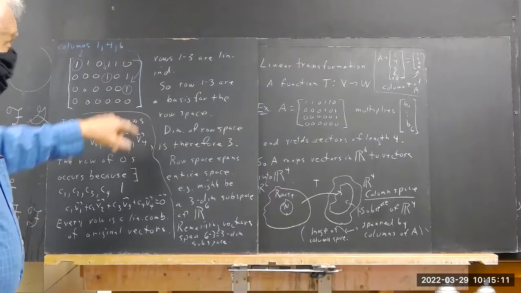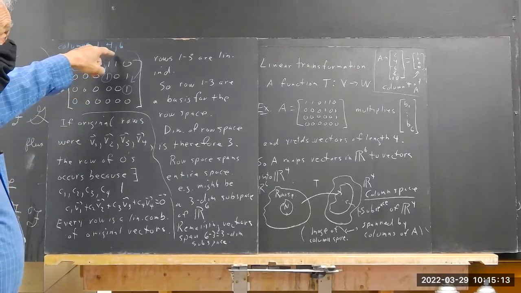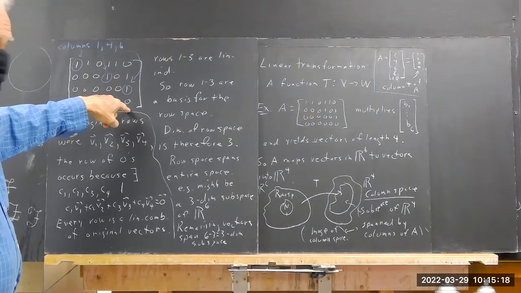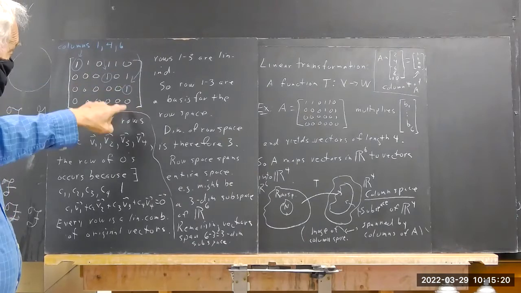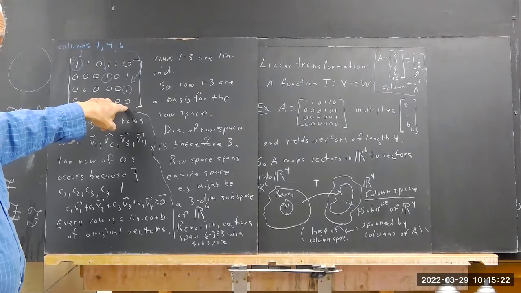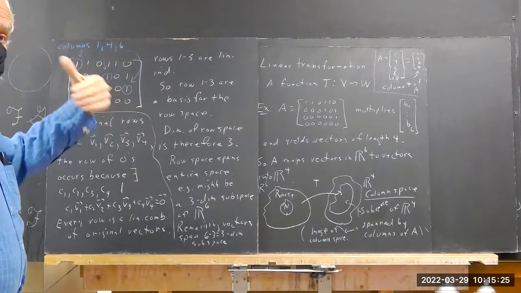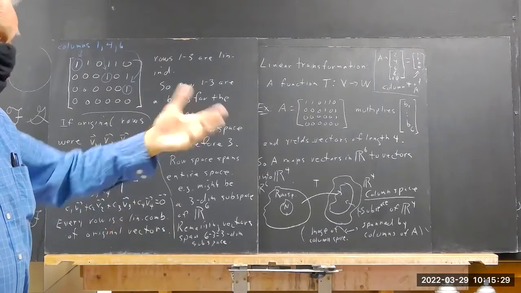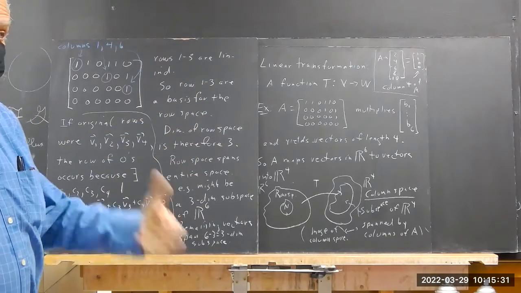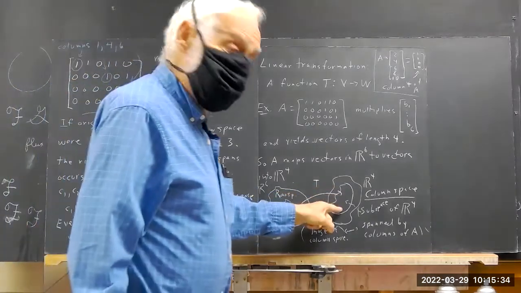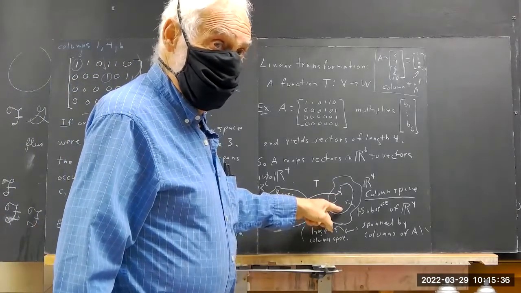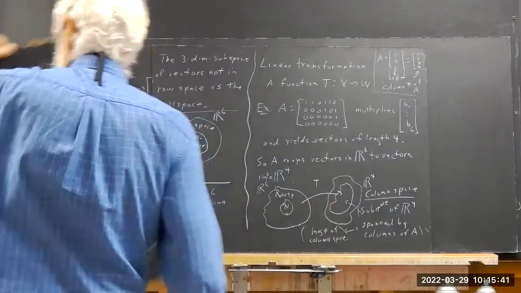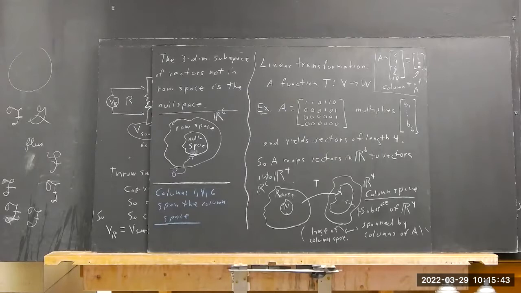Well, I know that 2 times the first column plus 4 times the second column plus 6 times the third column is a linear combination of the vectors in the basis of the column space. So it's here. You want to see that. It helps you understand the structure of these things.